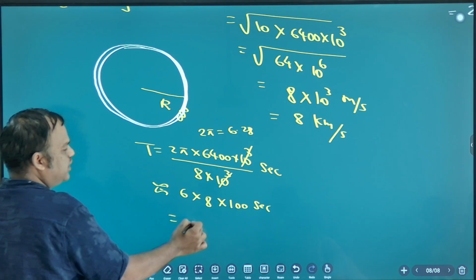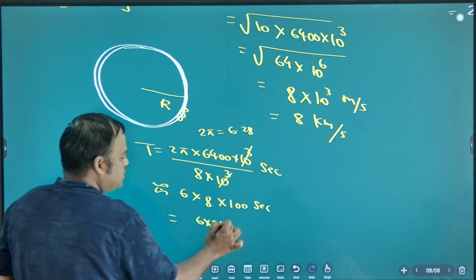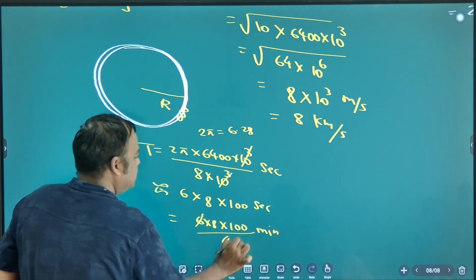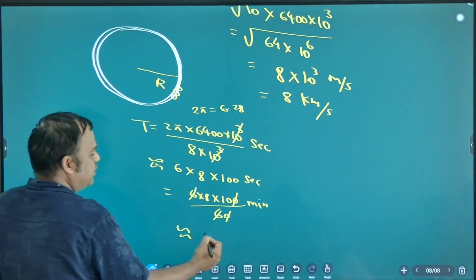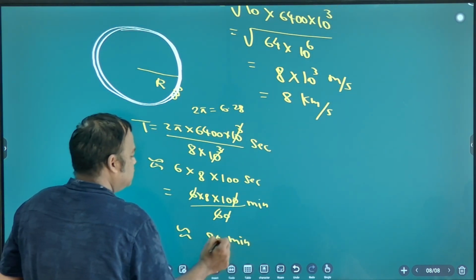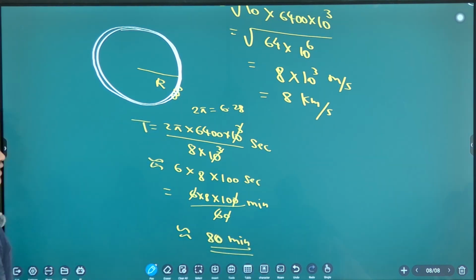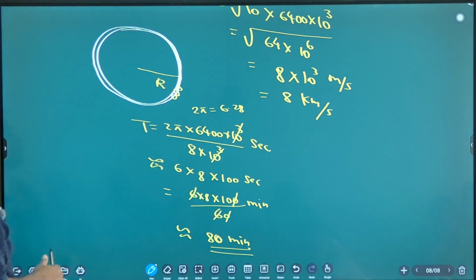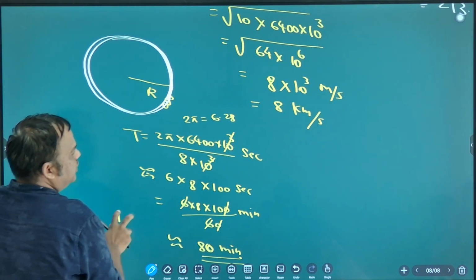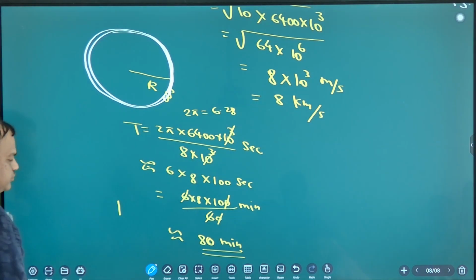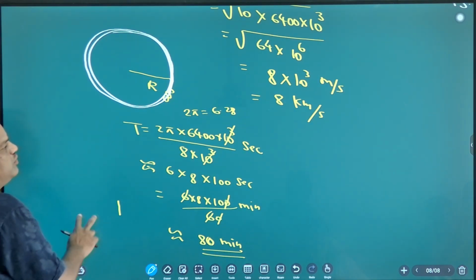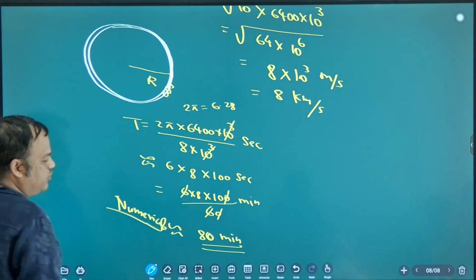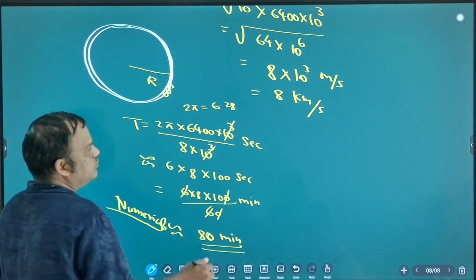How to find in minutes? 6 into 800 by 60. 6 cancel, 0 cancel. So approximately how much time in minutes? 80 minutes. Every 80 minutes that satellite will complete one round. Note it down. These are numericals. Next, I will continue.